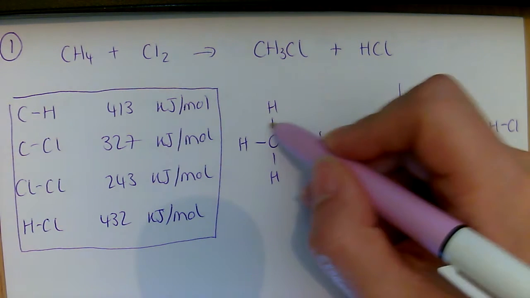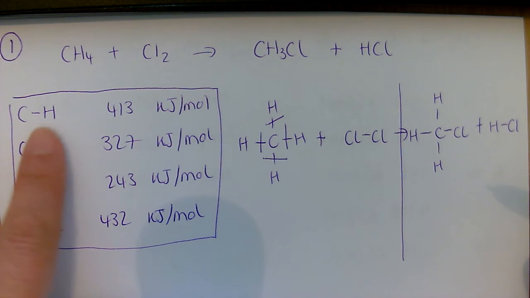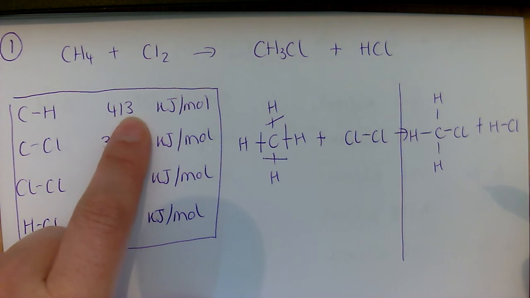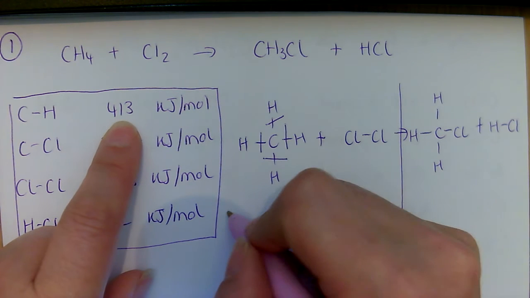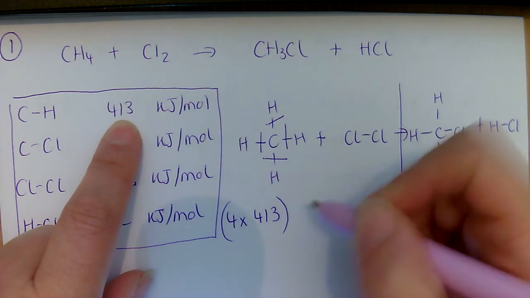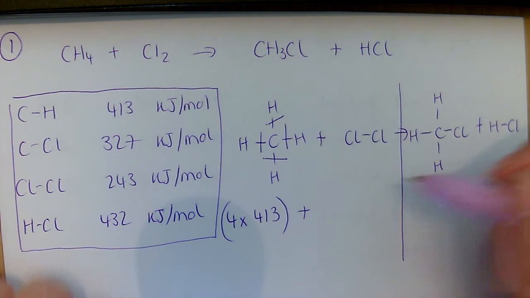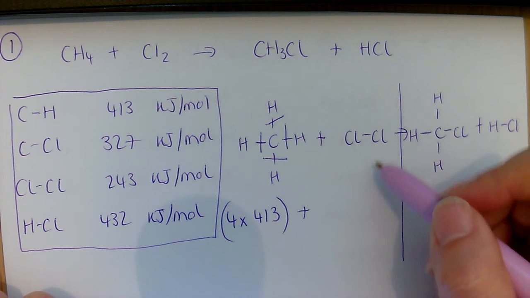So you can see I have 1, 2, 3, 4 carbon-hydrogen bonds, and the table of data tells me that each one requires 413 kilojoules per mole of energy to break. So I'm going to do 4 lots of 413 for the methane molecule, and then the only other bond I've got left on the reactant side is this chlorine-chlorine bond here.